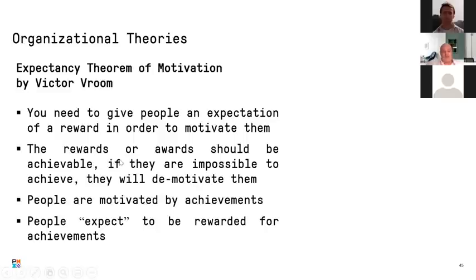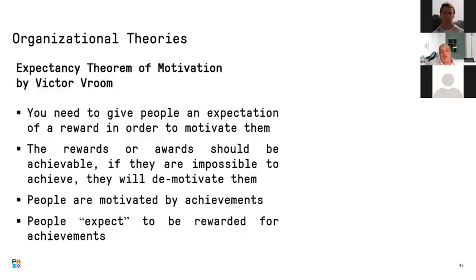So the reward or award should be achievable. If they are impossible to achieve, they will demotivate people. So let's say I'm one of your team members and you promise me a reward that you will take me to Disney World. Is this achievable? I hope somehow. But let's say that you promise me a trip to the moon. It's not an achievable reward.